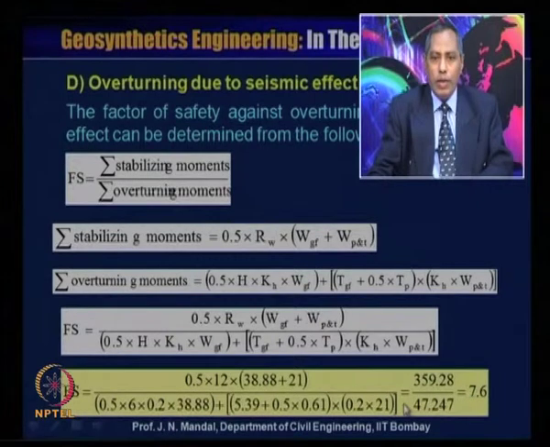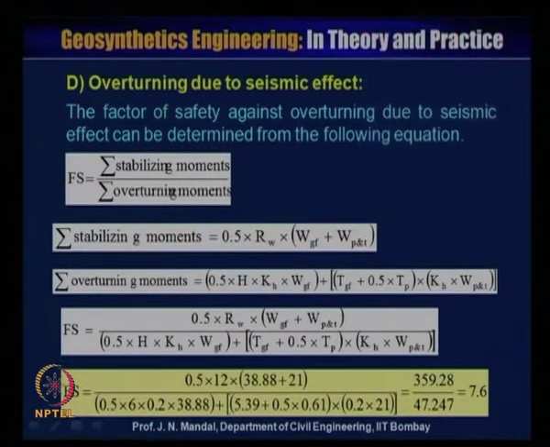So, you have 359.28 divided by 47.247, which is equal to 7.6. So, the factor of safety due to the seismic effect for overturning is 7.6.